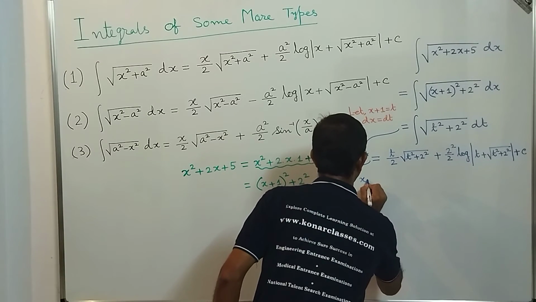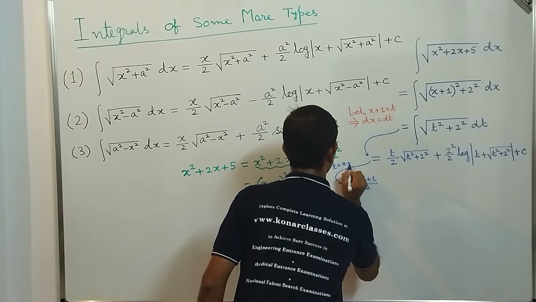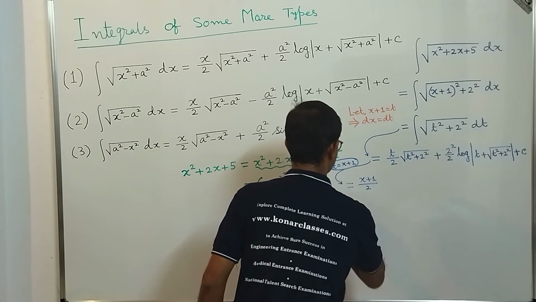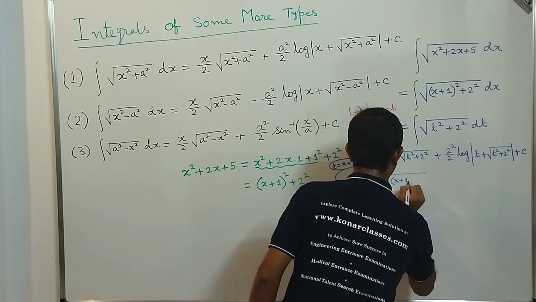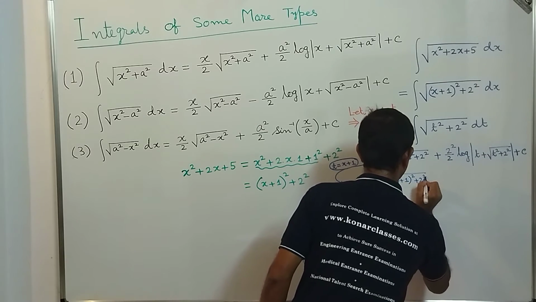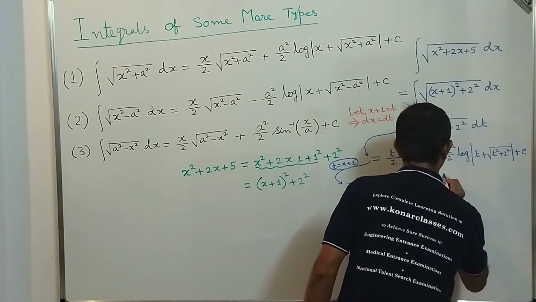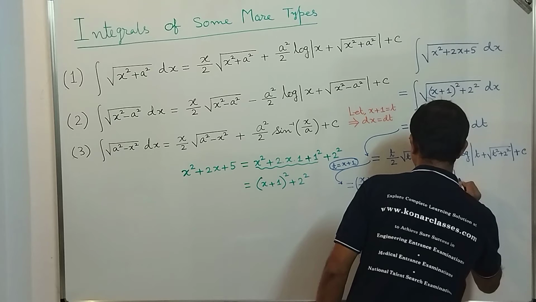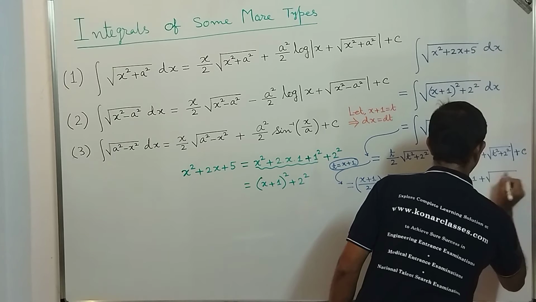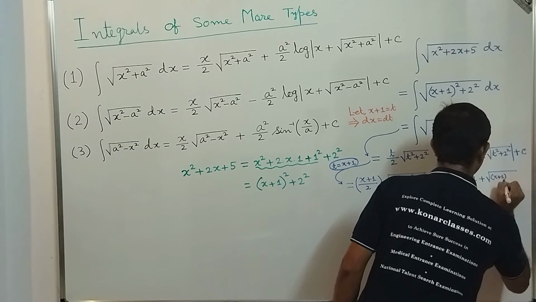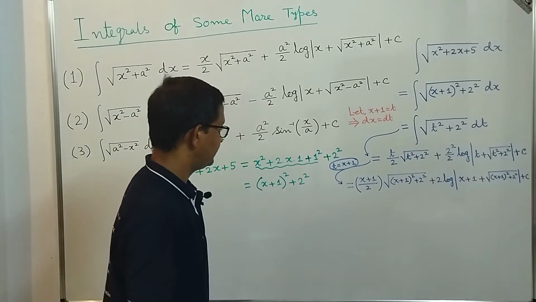So it becomes x plus 1 by 2 into square root of x plus 1 whole square plus 2 square, plus 2 square by 2, meaning 4 by 2, that is 2, so 2 into log mod of t, which is x plus 1, plus square root of x plus 1 whole square plus 2 square, plus c. Correct?